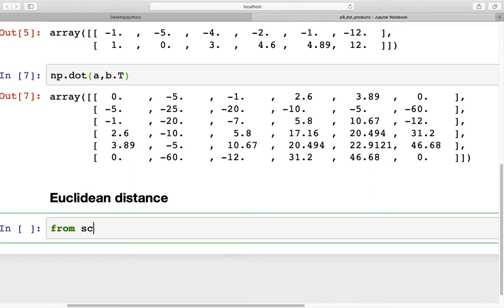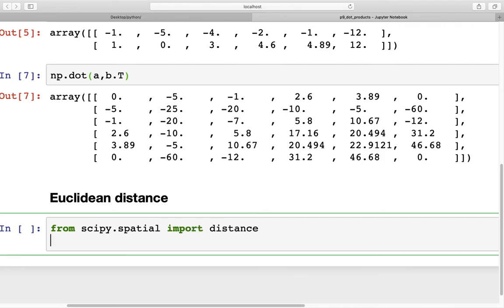From scipy.spatial import distance, and then we write distance.cdist(A, A). Now we are going to calculate the Euclidean distance of points only in the A array.